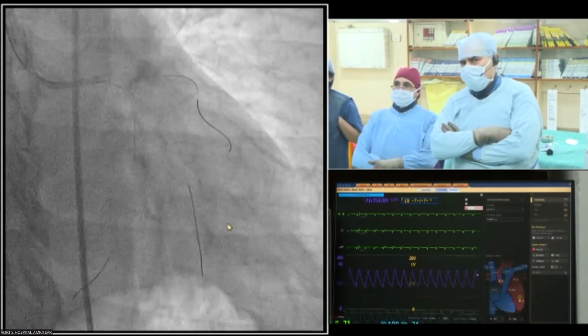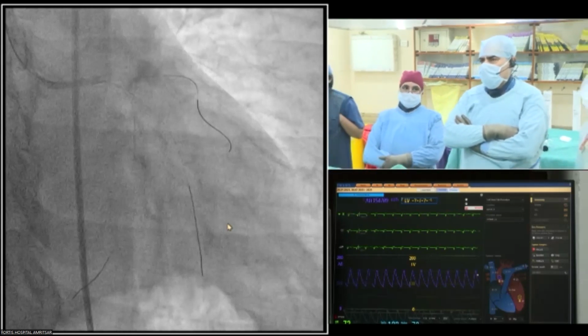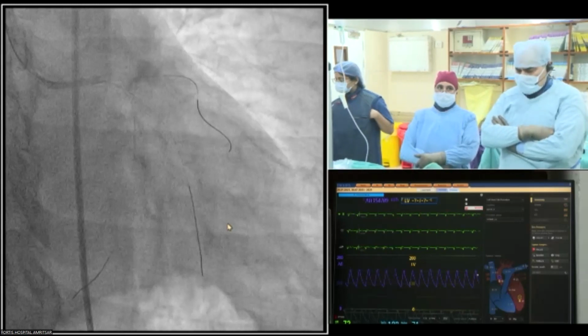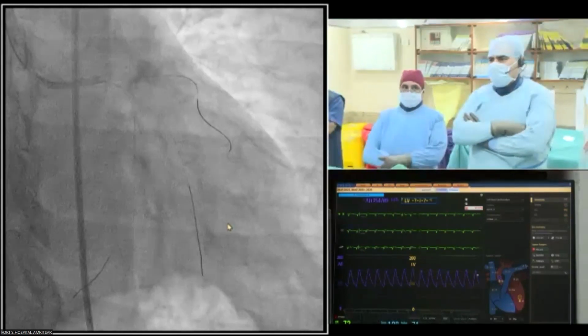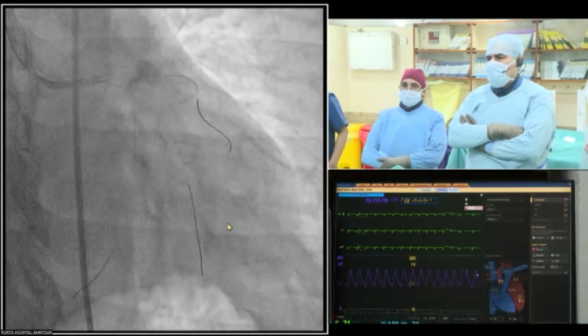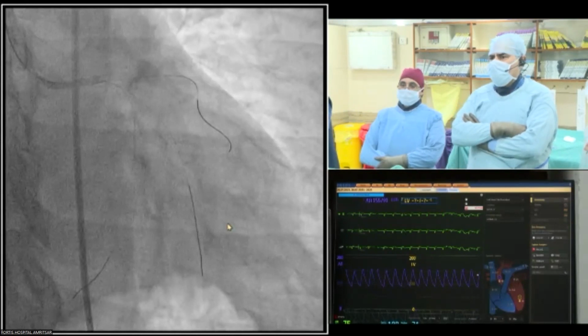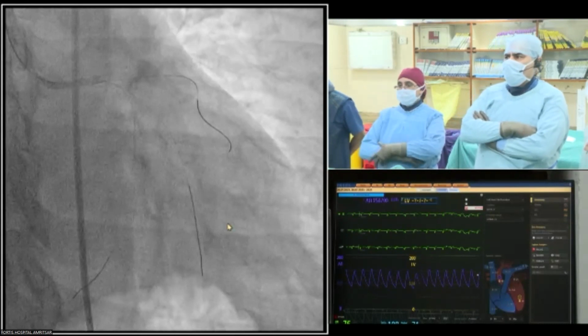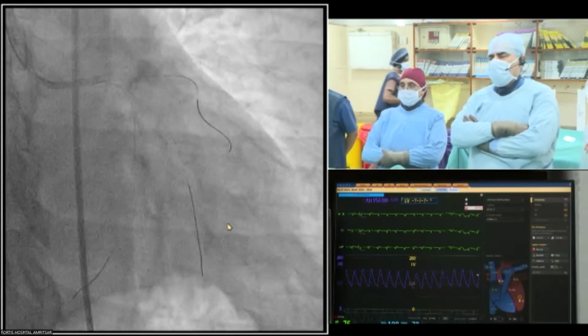You are thinking that the wire will go beyond the stent strut, but then you are actually going to compress the stent strut into the circumflex and create some more luminal loss in the circumflex. And if you go exactly through the 1.4 millimeter strut, I don't think it will be easy to take a wire through, and I don't think Ramesh can do that.